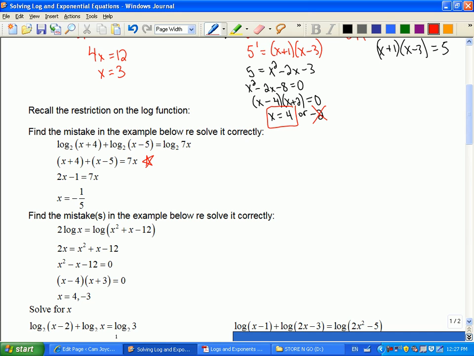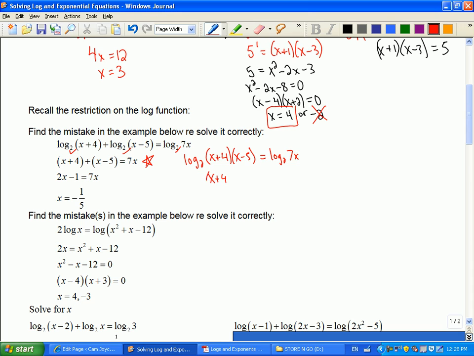Remember, that's the most common problem: people will say, oh, look, I have the same base everywhere, so let's just chuck the logarithms away. It doesn't work that way. What should have happened is I had log base 2, use the log laws to combine them. That's the step that they should have had next, and then you can get rid of the logarithms.